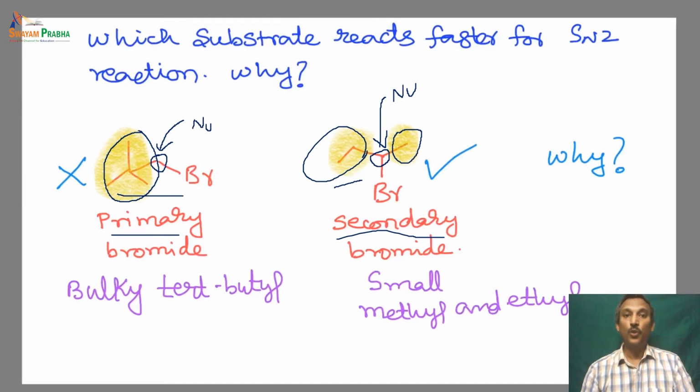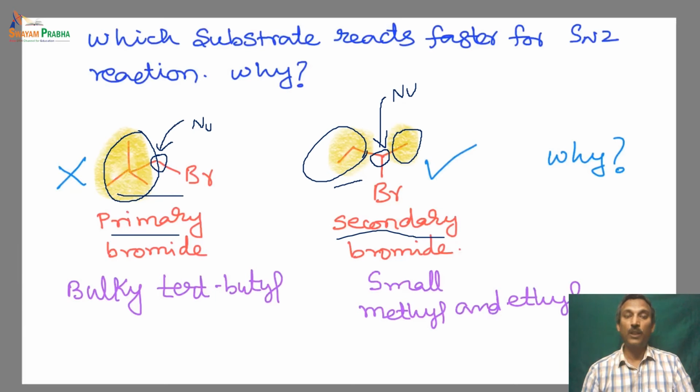So you cannot always say primary reacts faster than the secondary. You have to always look at the substrate very carefully to confirm which one will undergo the reaction faster. Because for SN2 reaction, the most crucial factor is steric hindrance. If there are bulky groups, rear side attack is very difficult.